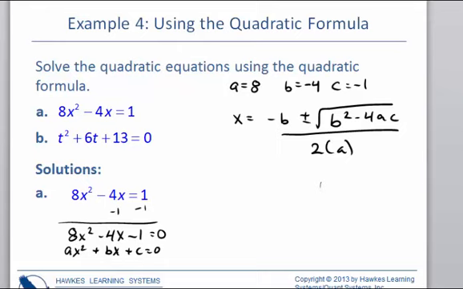For the a value, we're going to put in 8, so I'm going to put in an 8 in both of these two places here. For the b value, we're going to put a negative 4, so for the b's, I'm going to put negative 4. And for the c value, I'm going to put a negative 1.